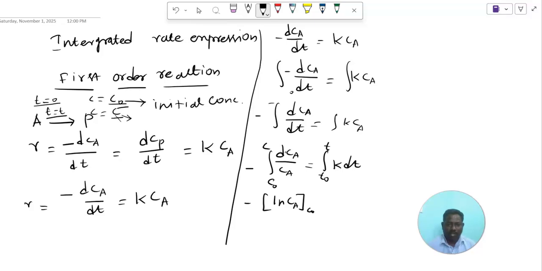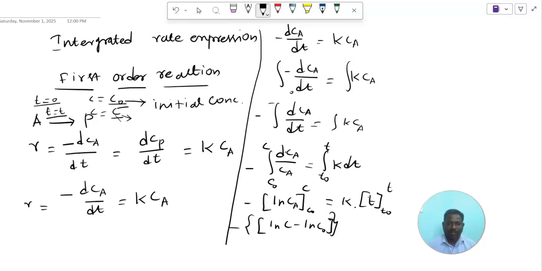We have limit C0 to C. If you apply the limit, upper limit minus lower limit, so ln C minus ln C naught. Similarly this side, k you can take out, it is a constant. If you integrate dt, it is t. Applying limit is t0 to t.